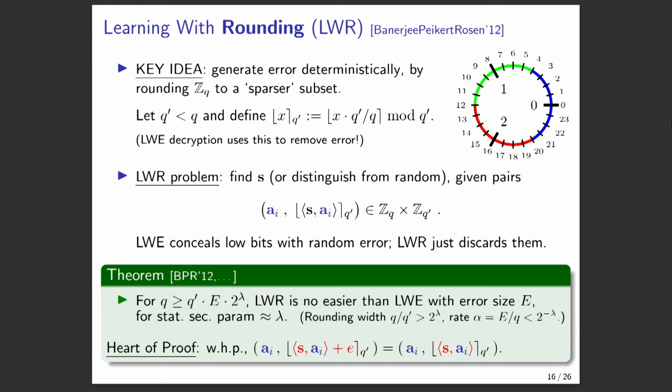So rounding off an LWE sample actually generates a legitimate LWR sample with very high probability. And so in that respect, if you can break this thing, you can break this thing. Just take this, round it off, and run your breaker for this thing. So you can show this, but as I said, the parameters are not too satisfactory.